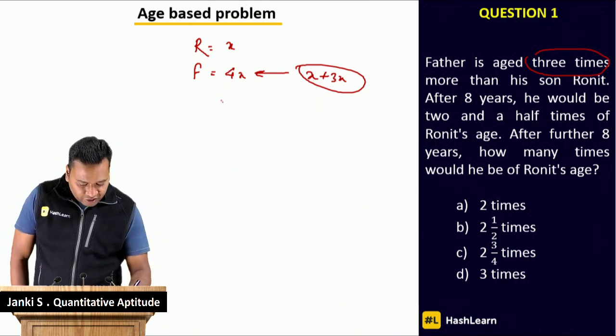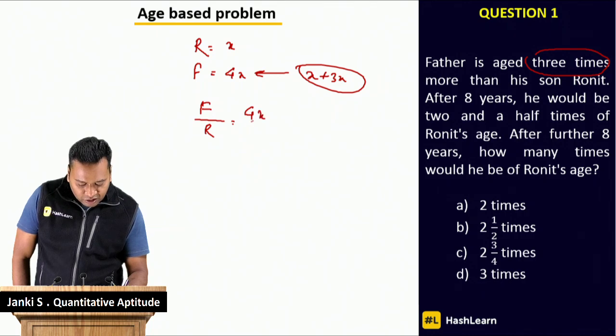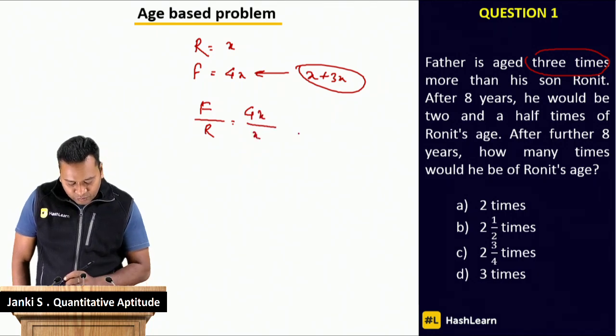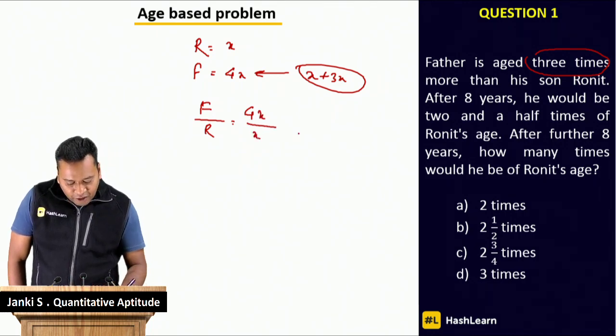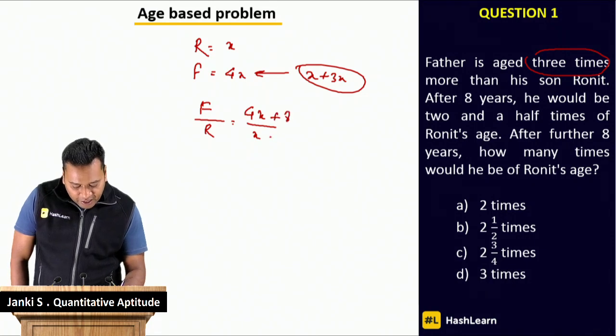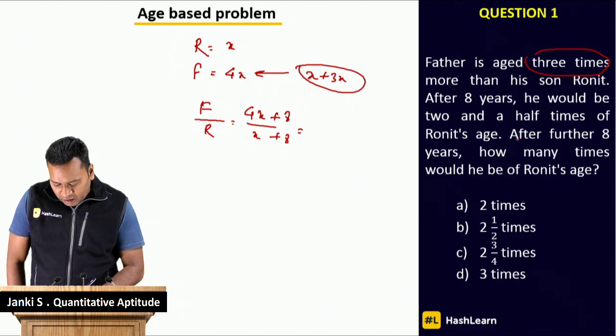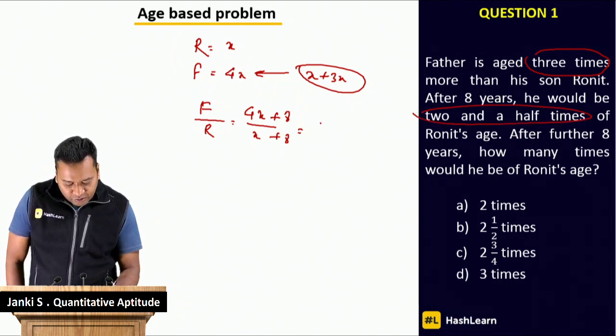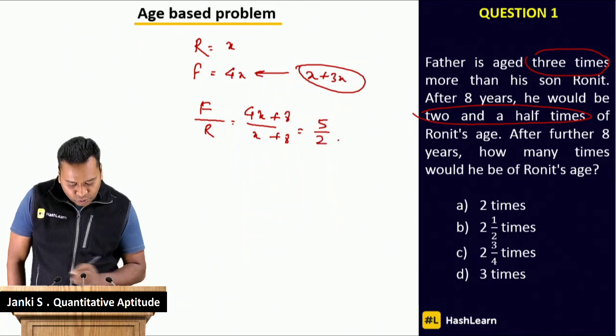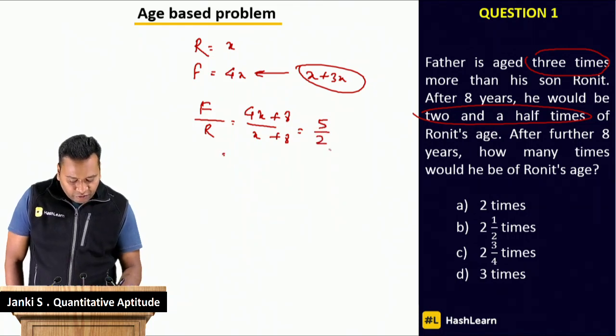So the first condition is father's age and Rohit's age are 4x and x, right? After 8 years, that means I'll be adding 8 to both the values. He would be 2.5 times of Rohit's age. That means they will be in the ratio of 5:2. That's the condition here. So I can find out the value of x.